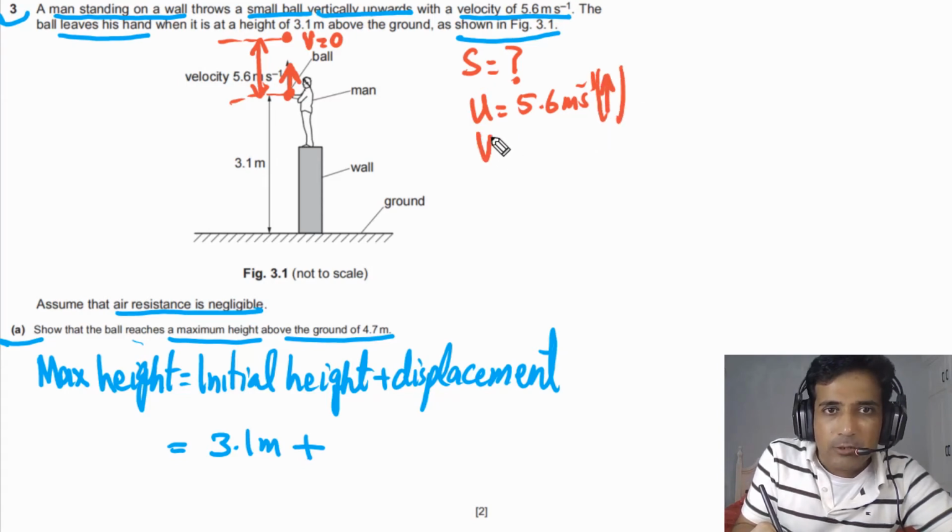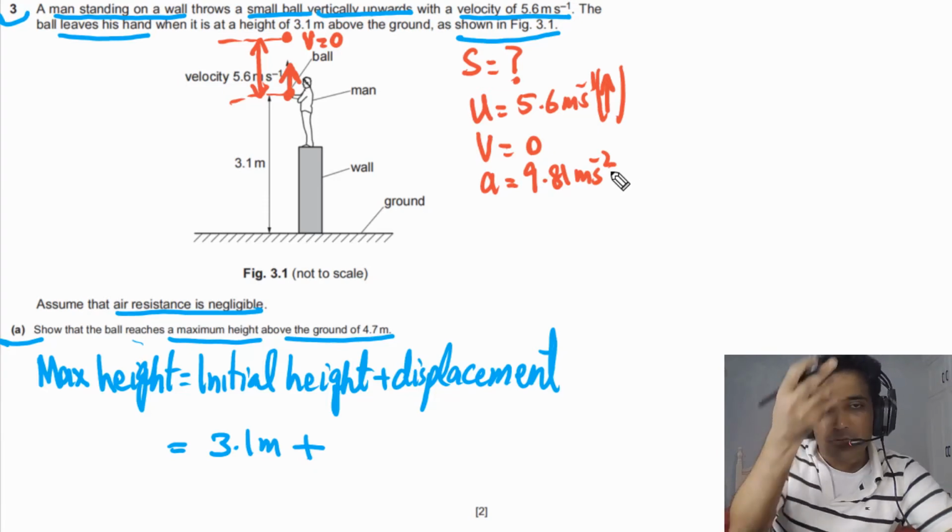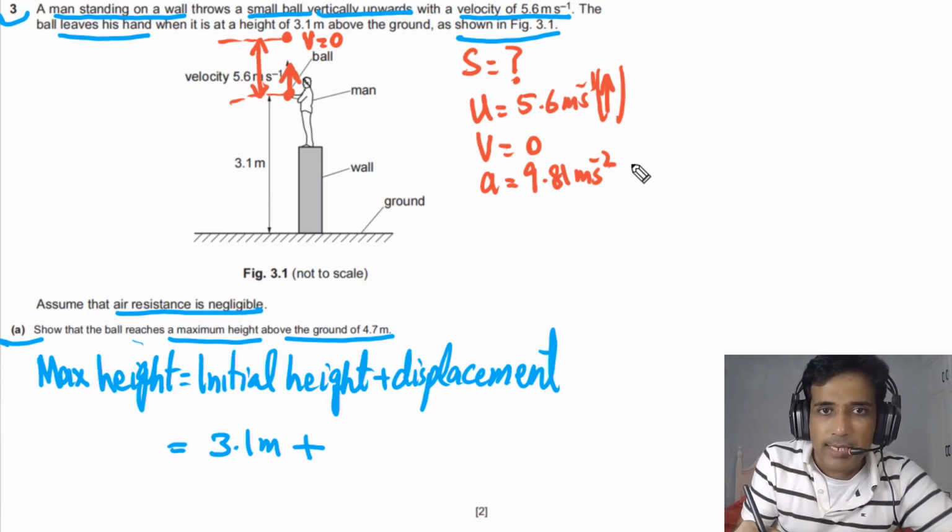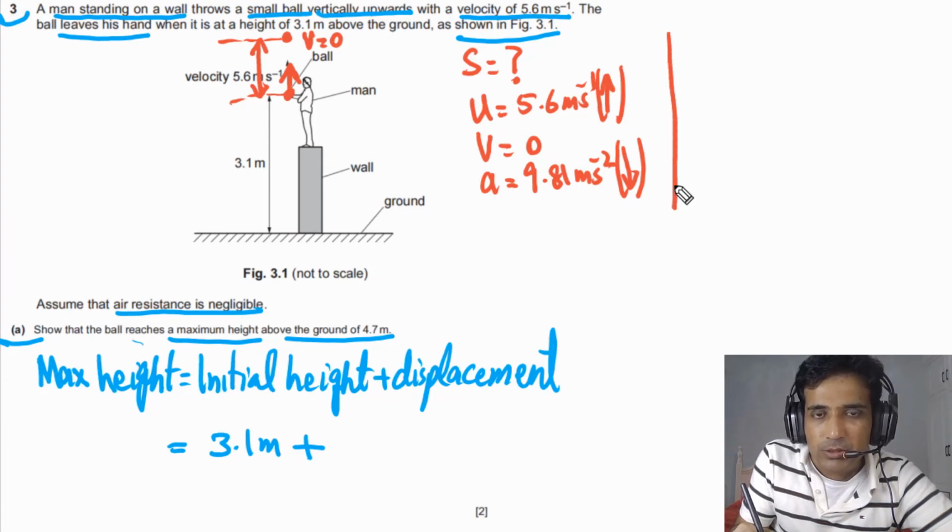We have the value of v, the final velocity, that is equal to 0 at maximum height, and also we have the value of a, that is equal to 9.81, and this is acceleration due to gravity. As gravity is acting down, acceleration is also downwards. We need to find s, so simply we can use kinematic equations.